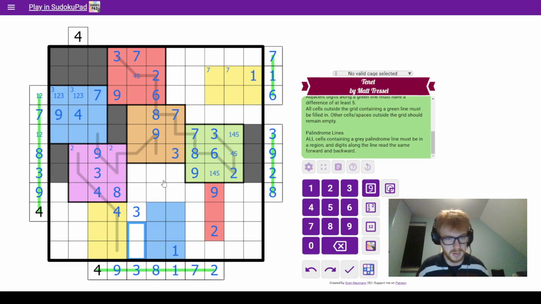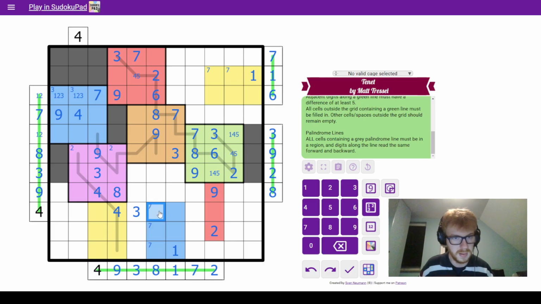What numbers? So it has to be something with general Sudoku. Well, not general Sudoku, deconstruction Sudoku. Let's see. Well, blue gets its 7 from one of those. One of those. Oh, one of those is 7.